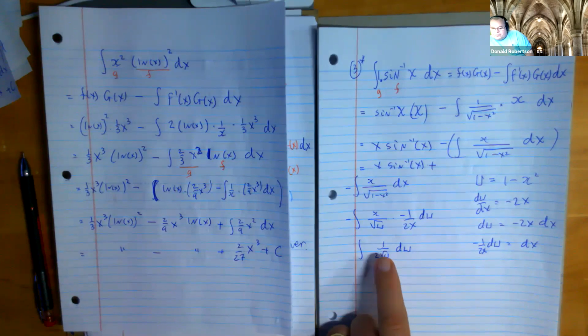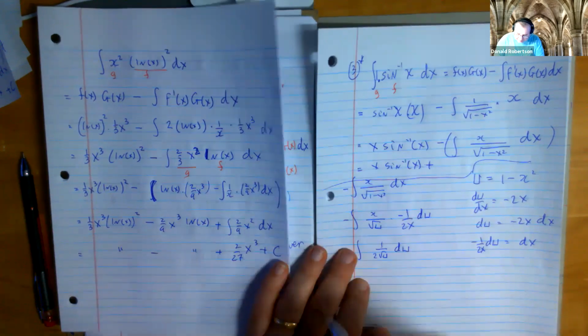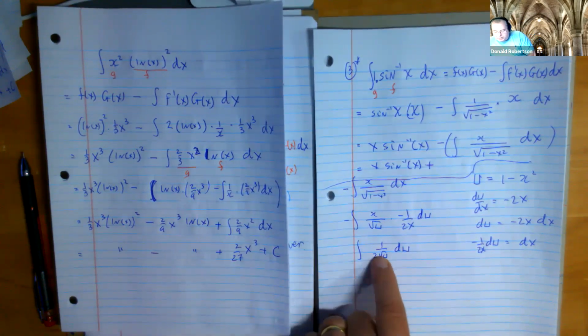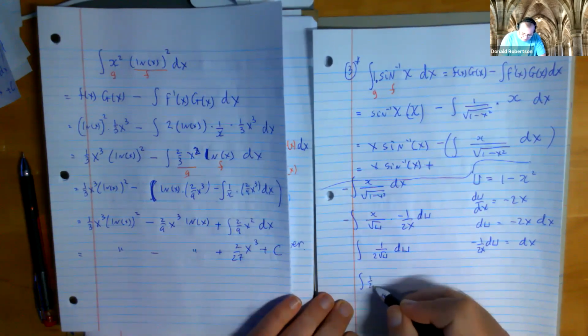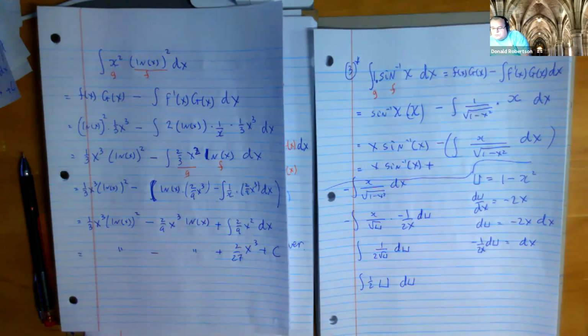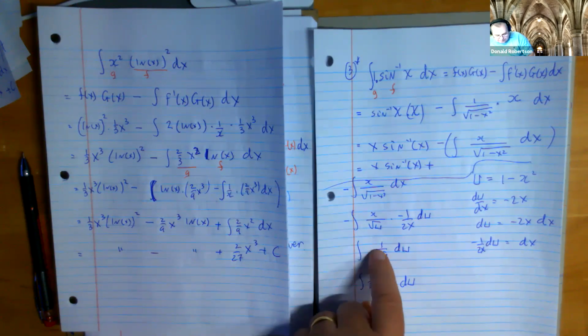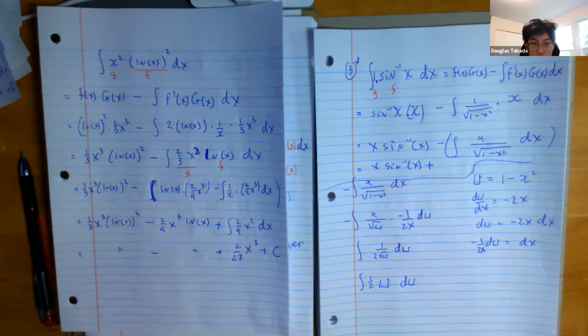Okay, we still have to deal with this fella, don't we? But we'll hop around it. What do we need to rewrite this as in order to get its integral? One over the square root has to be written in fractional form, right? What fractional form? Negative 1/2.